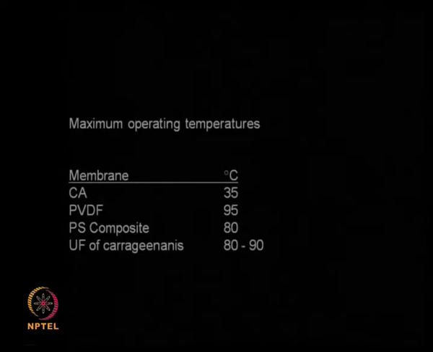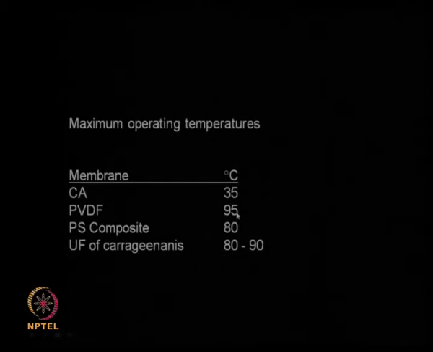Now you have to keep in mind that you cannot have a very high temperature of operation if you are using membranes. Cellulose acetate we can take only up to 35 degrees, so if the solution is very hot you need to cool it down. PVDF can go quite high, almost 95 degrees, polysulfone composites about 80 degrees, and carrageenan about 80 to 90 degrees.